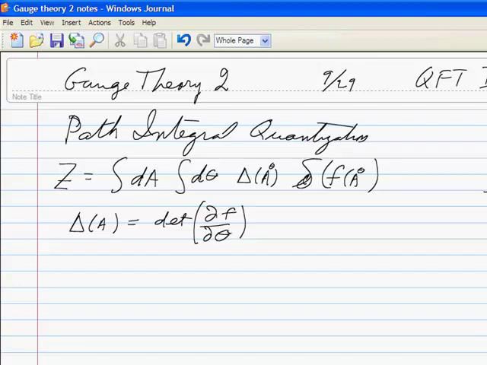Well, we did a reasonable job of doing a one-dimensional constraint. What I didn't do is explain why this determinant is there. Okay, we know there's something.